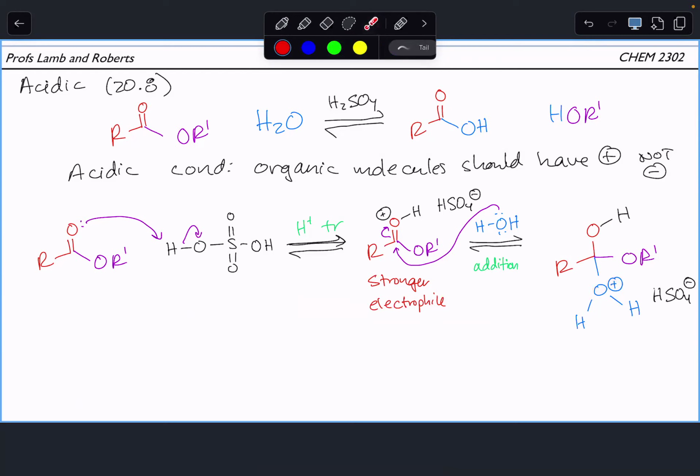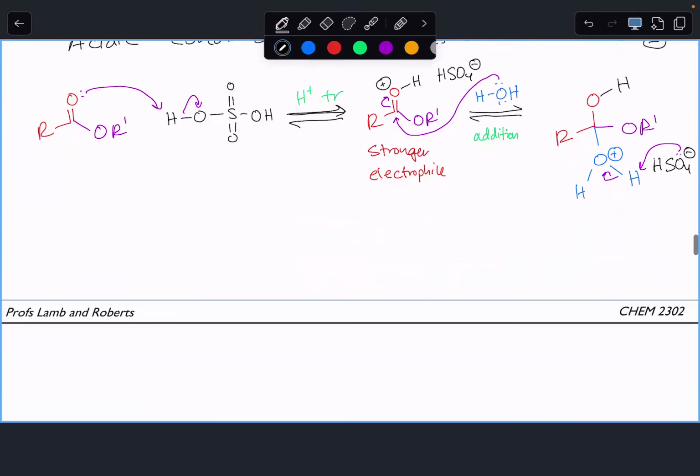We don't want it to be positively charged anymore, so we need to get rid of that. So we need to do a proton transfer. This time I'm going to draw the proton transfers in two separate steps just to show how that goes. So my counterion is going to grab one of these protons. I'm going to go all the way down to the next page.